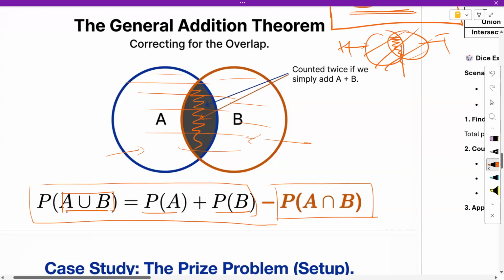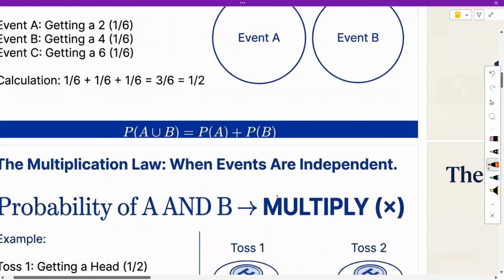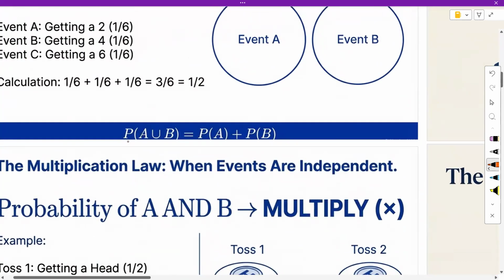One part, A union B, is OR logic: the probability of A and the probability of B. And after that, we deduct the probability of the intersection of A and B. In the other one, probability of A union B equals probability A plus probability B. Here we are not deducting the probability of A intersection B.